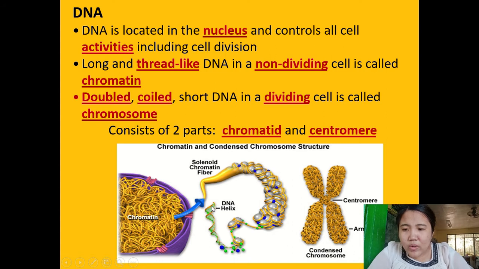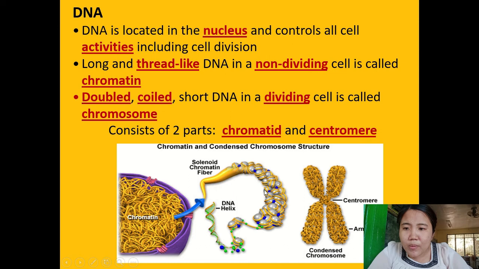And once it coils up with a protein like this one, the circle protein, you will name it histones. This is a histone protein which is coiled up together with the DNA. And once they are coiled up, double-coiled short DNA in a dividing cell is called chromosomes.